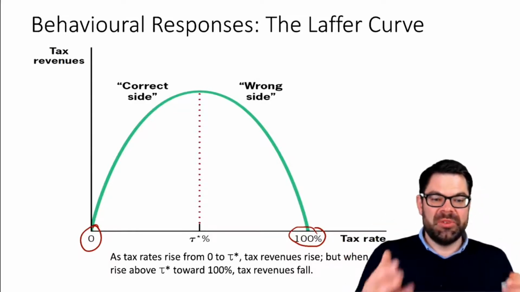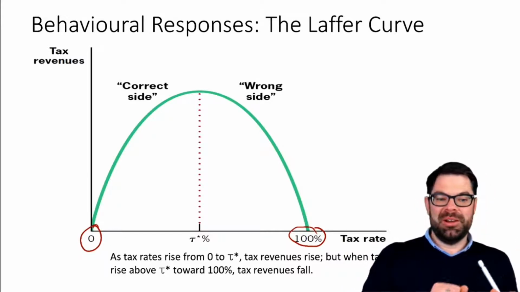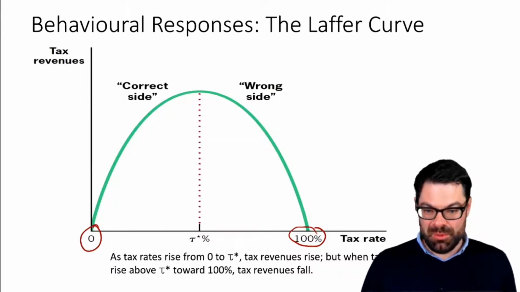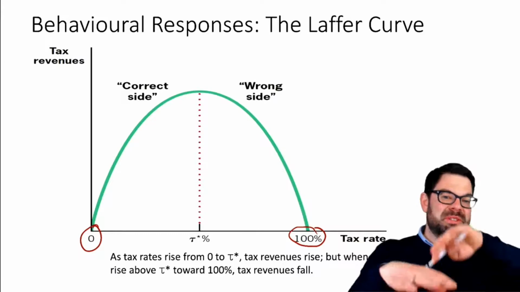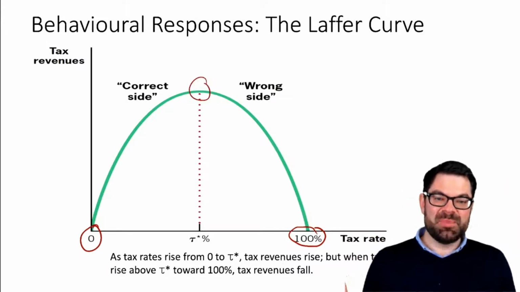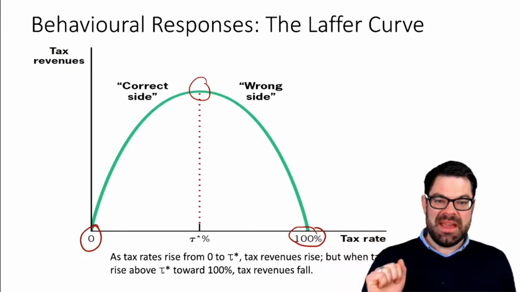If we tax people's income at 100%, well, then we are not getting any revenue because people will simply refuse to work. And then in between, somewhere in the middle, is a sweet spot where the tax revenue is maximized.